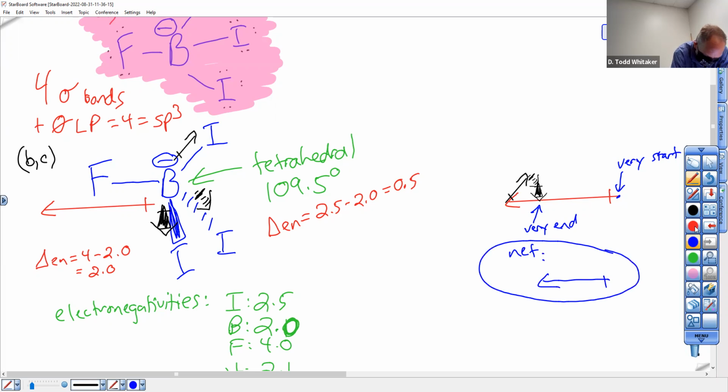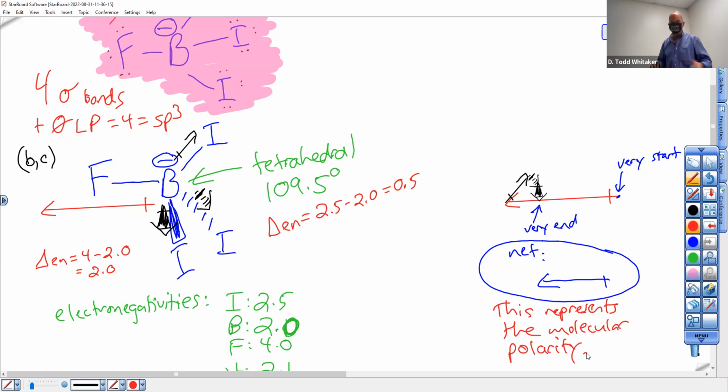That represents the molecular polarity. So that's a pretty polar molecule. As drawn, the dipole vector is pointing straight to the left.